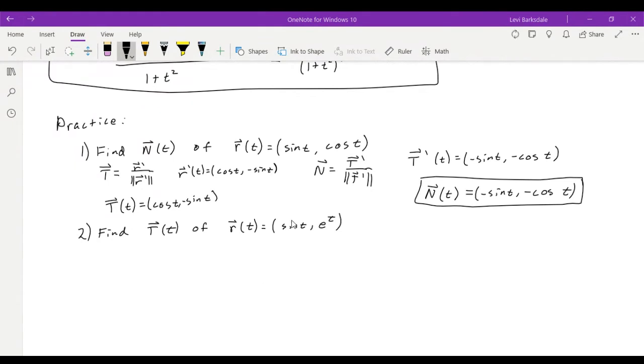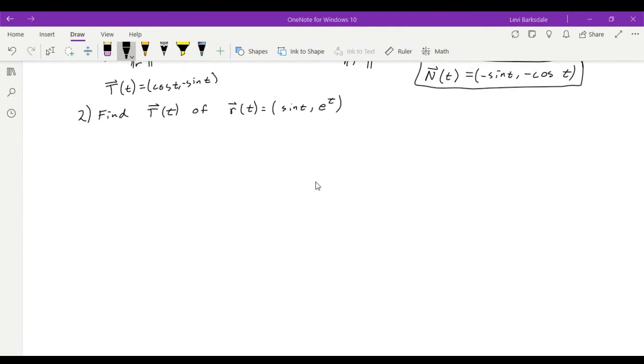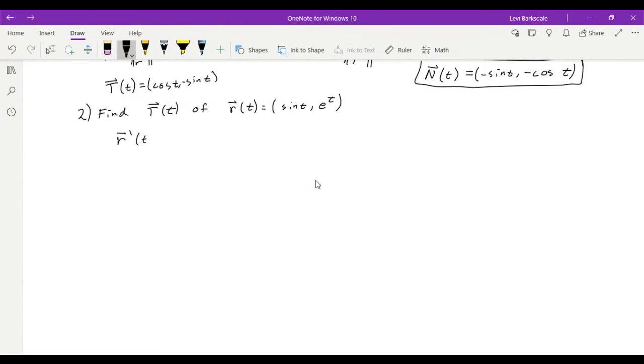All right. Next, on to the second question. Find the unit tangent vector of sine t, e to the t. Of course, we know that the unit tangent vector would be r prime of t over the magnitude of r prime. In this case, r prime of t is equal to cosine of t, e to the t.